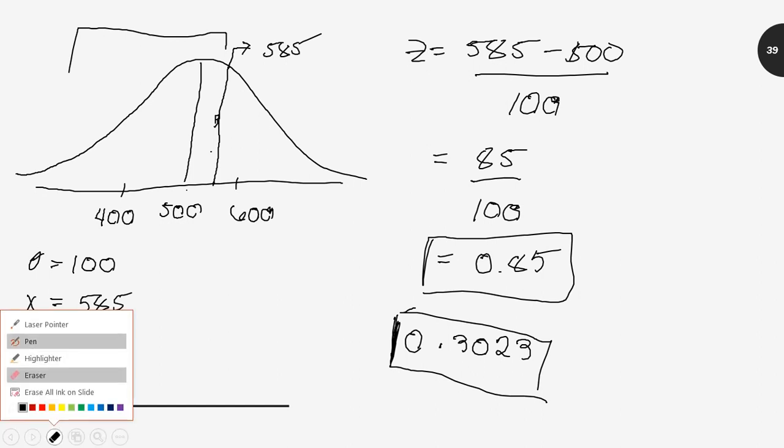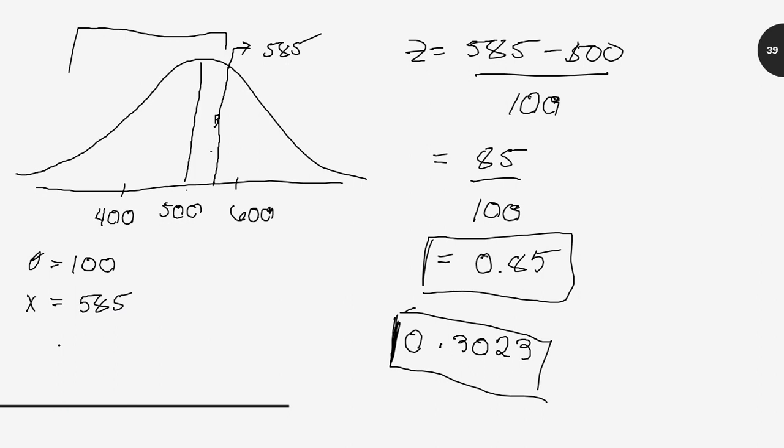Okay, para mahanap po natin yan or para malaman po natin kung pasok po siya, wait lang. Okay, so ibig sabihin yan mga anak, kung itong from 500 hanggang 585 is meron na tayong 30.23%.